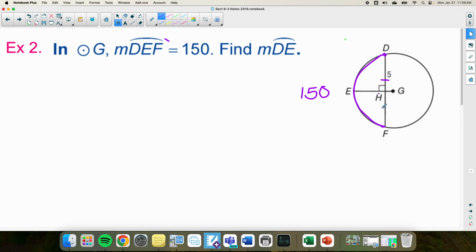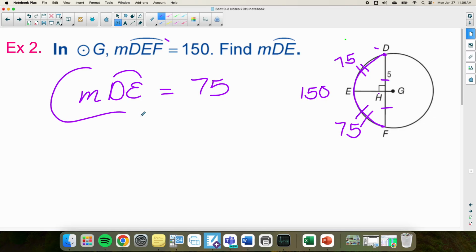That means it cuts this in half as well as that arc in half. So if you have a radius or a diameter perpendicular to a chord, it cuts the chord in half and that arc in half. So if it's 150, these would each be 75. So the measure of DE, which is just this distance here, would be 75 degrees.